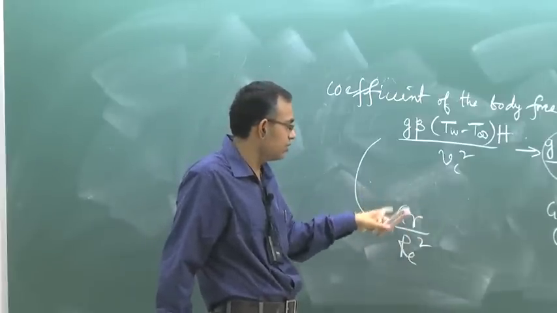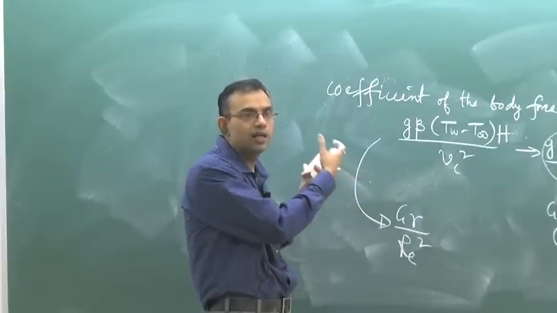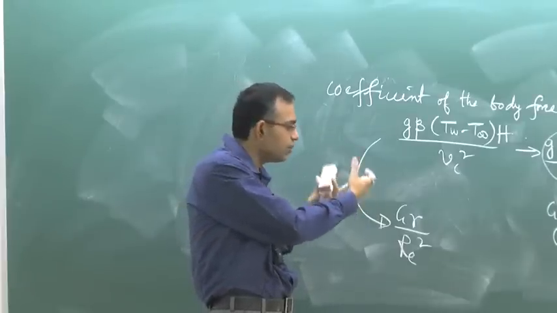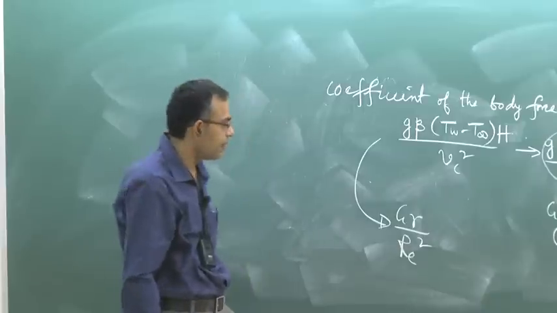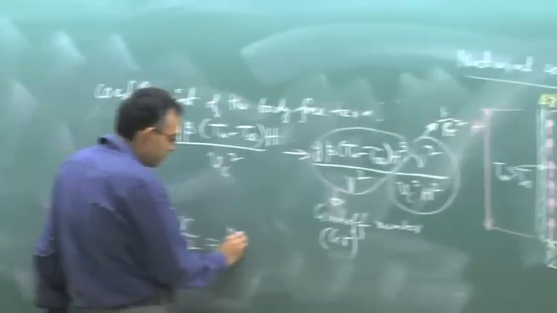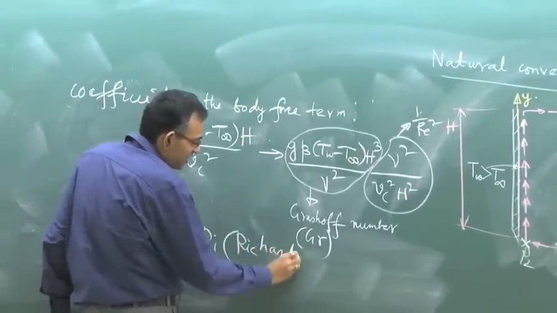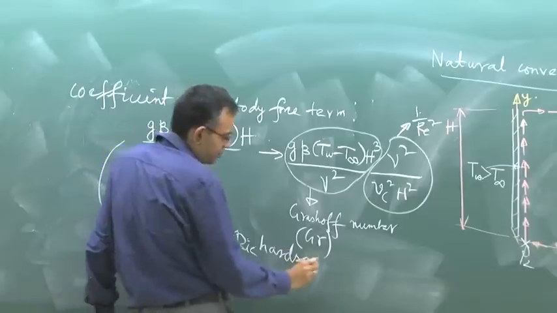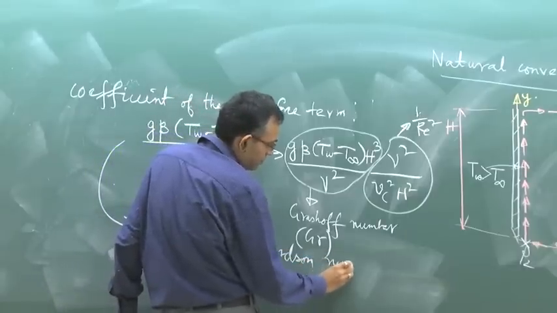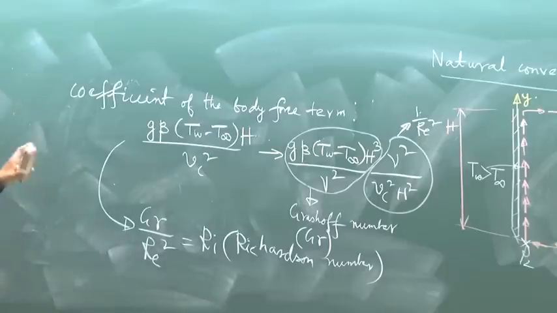So that is how all these scientists are honored by giving a name to some of the non-dimensional numbers. Again, this is called the Richardson number. So this is also to honor the contribution.